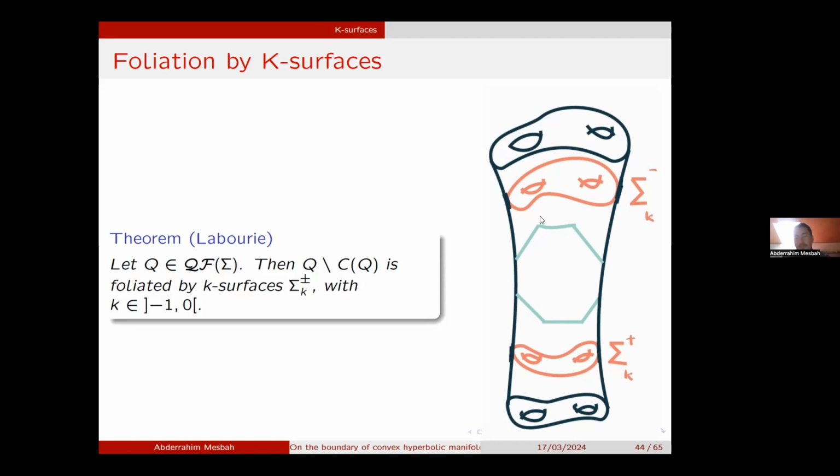So these surfaces with curvature K foliate the complement of the convex core. As you can see in this figure, when K varies between -1 and 0, the surface varies from the boundary of the convex core until the ideal boundary, and it is a foliation. They are disjoint and cover everything.